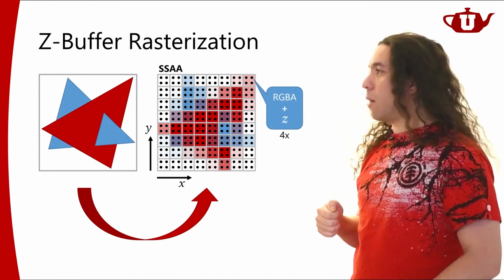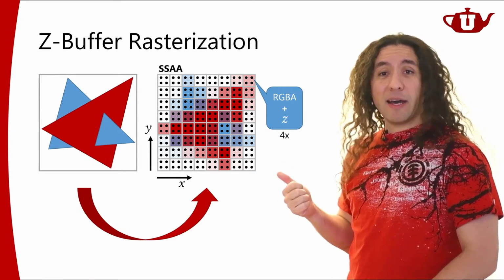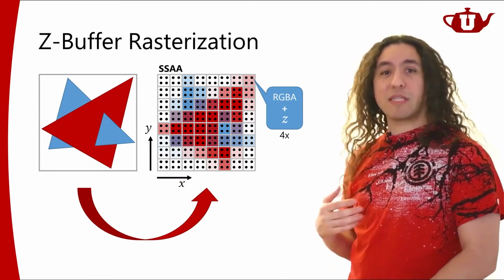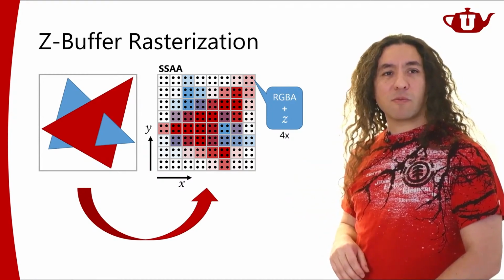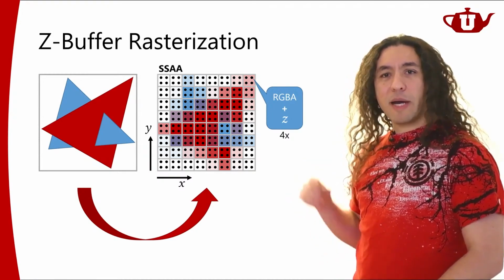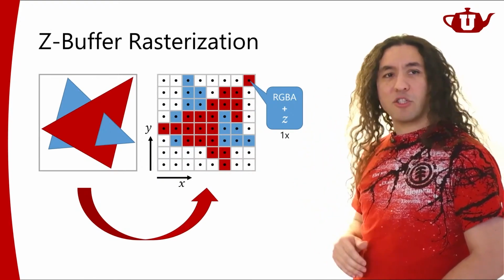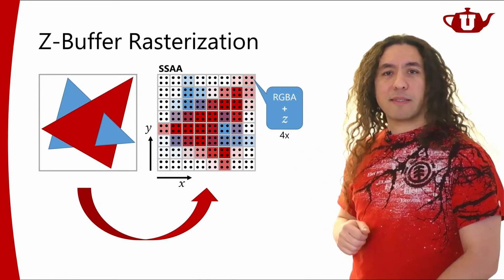I'm now storing 4 times as much data as I would store otherwise, and I'm generating 4 times as much data. So this is sort of expensive, but at least you get these nice looking smooth edges. As opposed to storing a single sample like this, where you would get these jaggedy edges, with SSAA, you would get smooth looking edges.